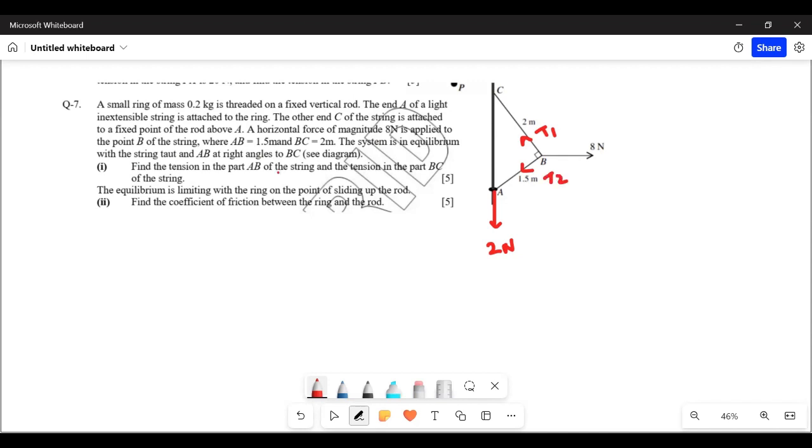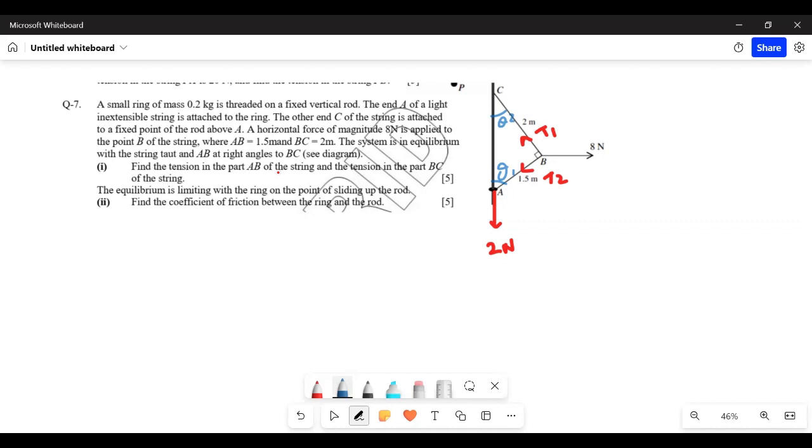We need to resolve the components of T1 and T2, but for that we need angles, which we don't have. We can find theta over here, let's call it theta 1, and theta over here, let's call it theta 2, and then use it to resolve the forces T1 and T2.